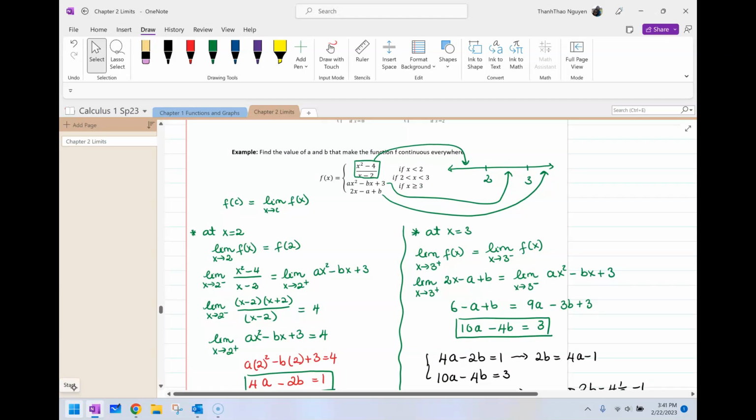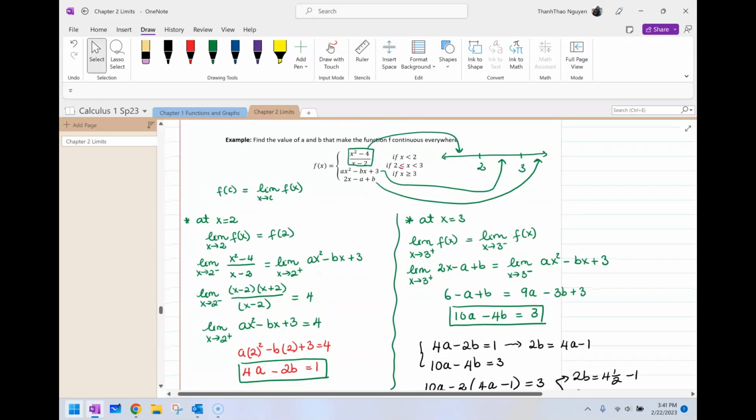Here, f of x equals x squared minus 4 divided by x minus 2 if x is less than 2, ax squared minus bx plus 3 if 2 is less than or equal to x less than 3, and 2x minus a plus b if x is greater than or equal to 3. You can double check the value of f of x at x equals 2 and at x equals 3 with the values of a and b to see whether we get the same value as the limit. You can do that on your own.